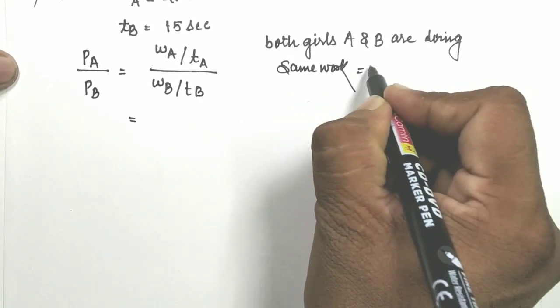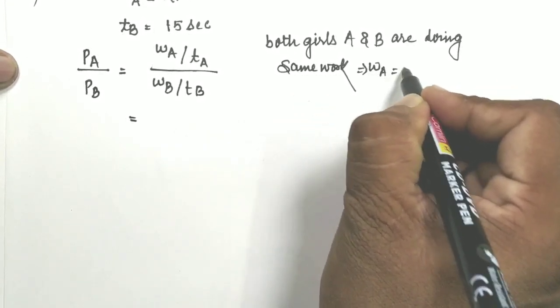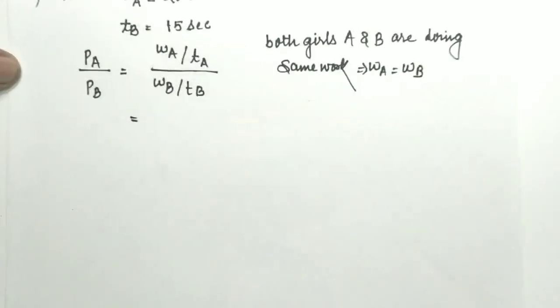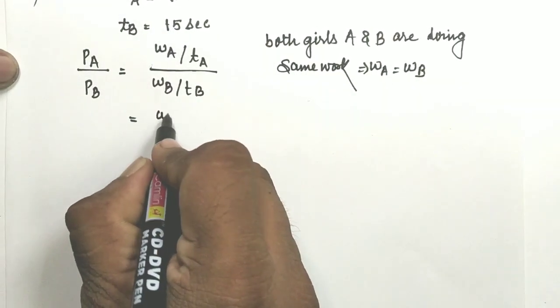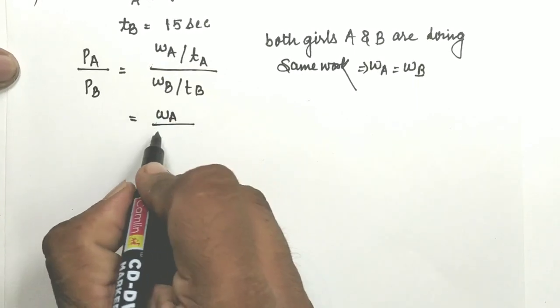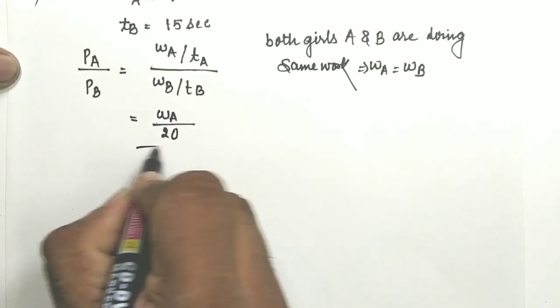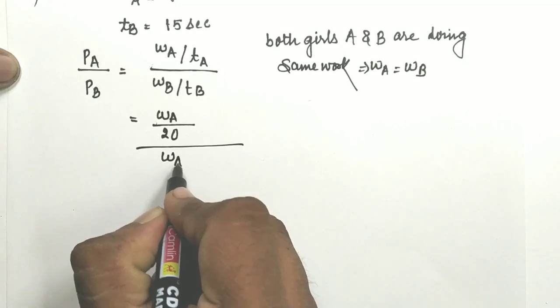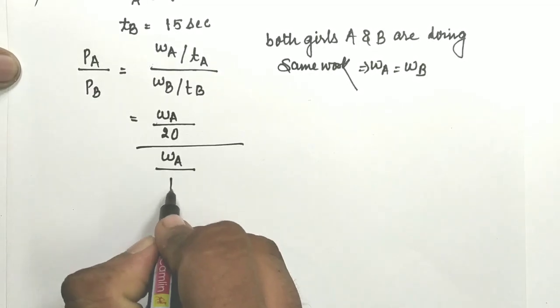It means that WA is equal to WB. So here we can write that WA upon TA, TA is 20, upon WB upon TB, which is the same work, so it can also be written as WA upon 15.